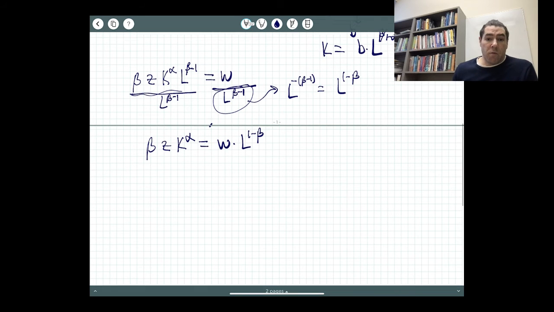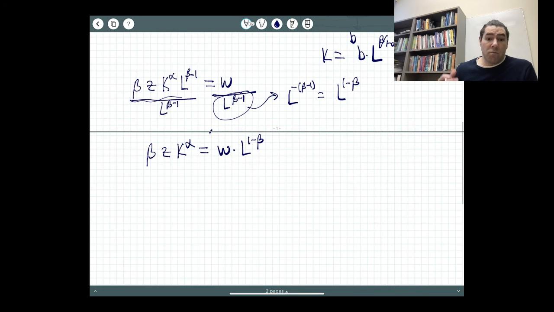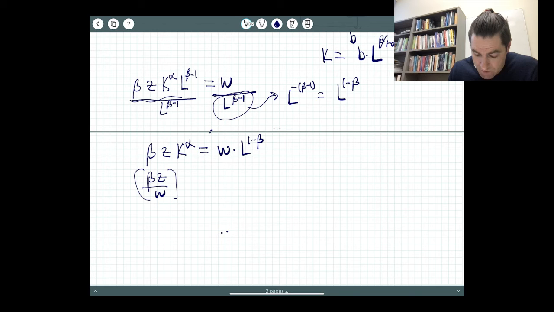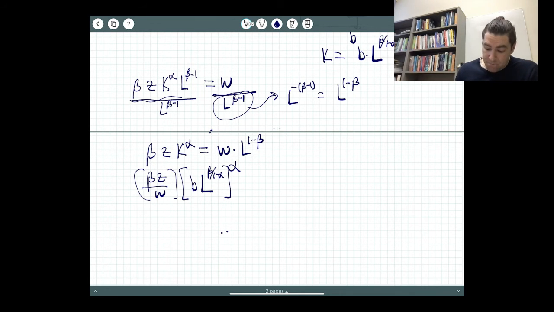So then what I want to do is I can start plugging in for what is capital, right? So what is capital? Well, I'm going to get rid of this W, so I'm going to have beta z over W times k to the alpha. Well, k is b times L to the beta over 1 minus alpha, all to the alpha power.